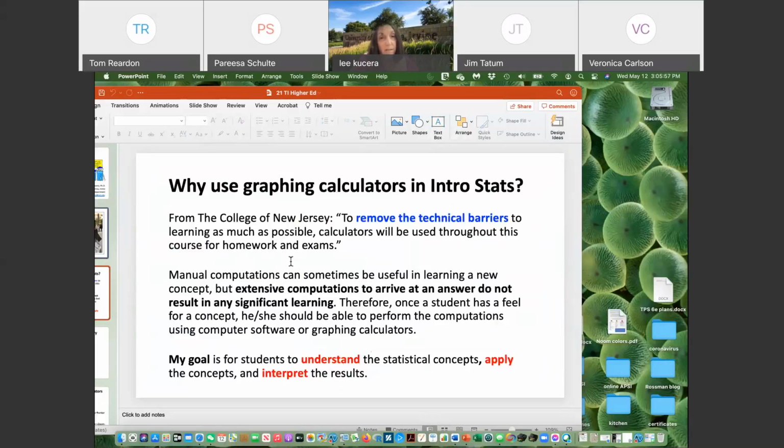So once a student has a feel for a concept, I want them to be able to perform the computations using either computer software or, in most cases, a graphing calculator, since they certainly can't use their computer software on an exam. I'm much more interested, as Tom said, in them understanding the concepts, applying the concepts, and interpreting the results. This is not a crank out algebra class.